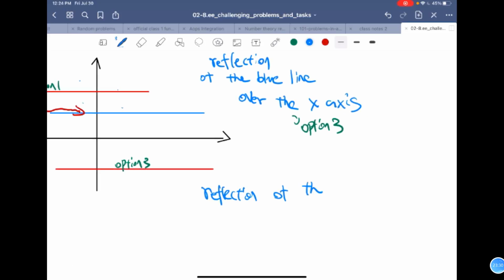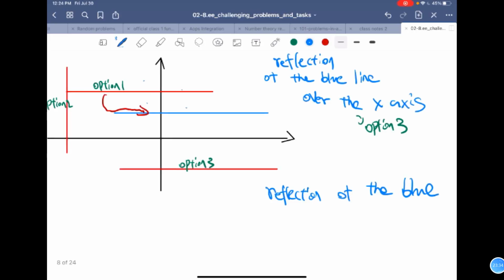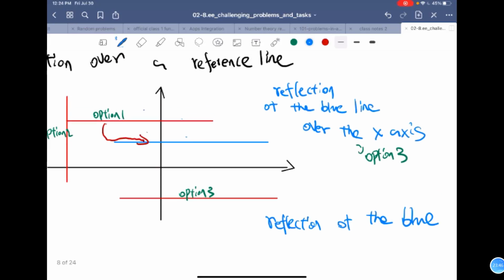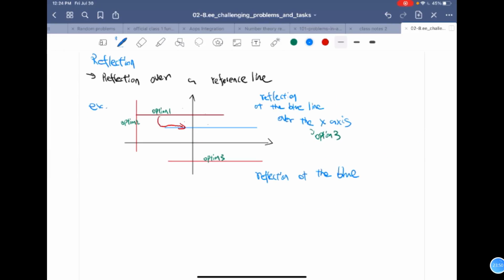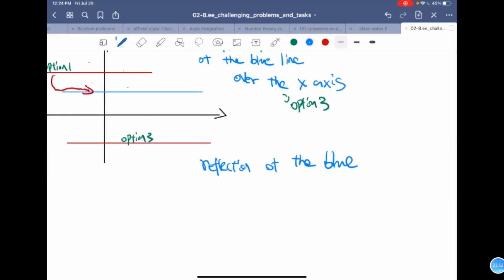If you reflect over the y-axis, for a line, I think it's itself because it's a horizontal line, and if you reflect it, it's still the same thing. Notice that this does not actually continue.